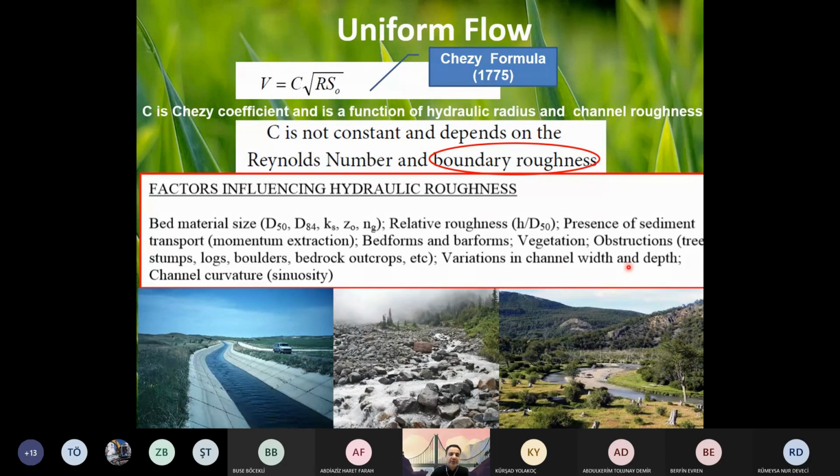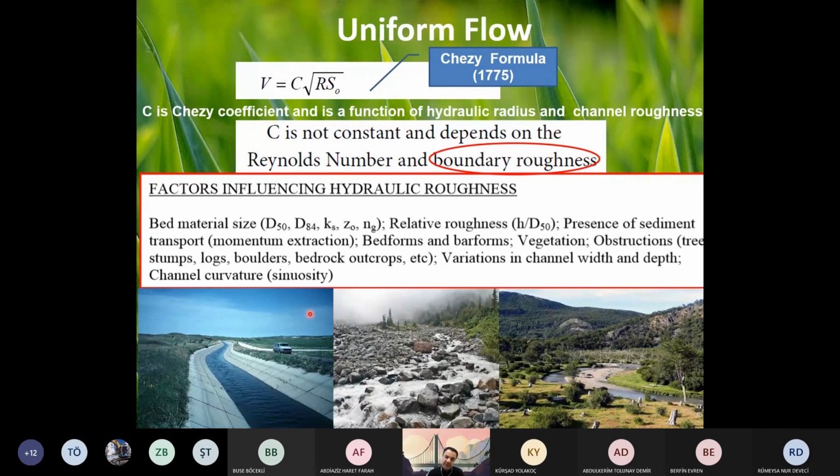And channel curvature, as I said, meanders. Channel curvature is called meanders, and also sinuosity. Sinuosity shows how the curvature of your channel varies along the length. Anyway, so many factors, but you are not responsible to go find those factors and to calculate the roughness.